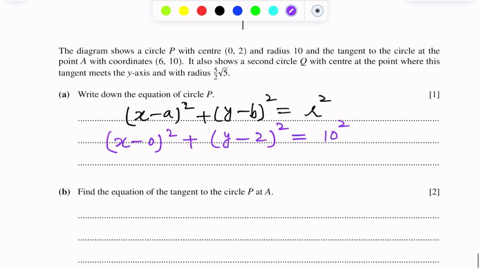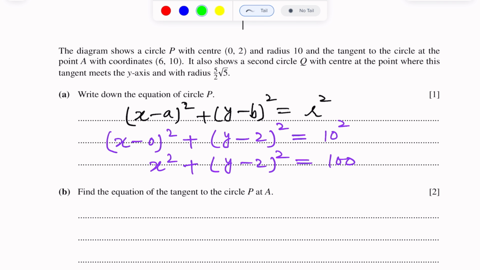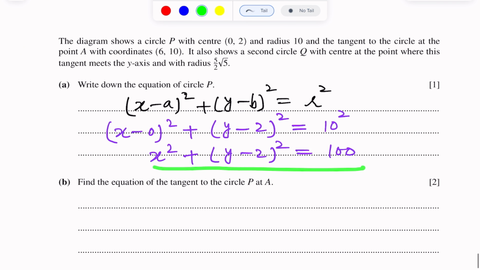Simplifying it, we get x square plus y minus 2 whole square is equal to 100. This is the equation of the circle P.